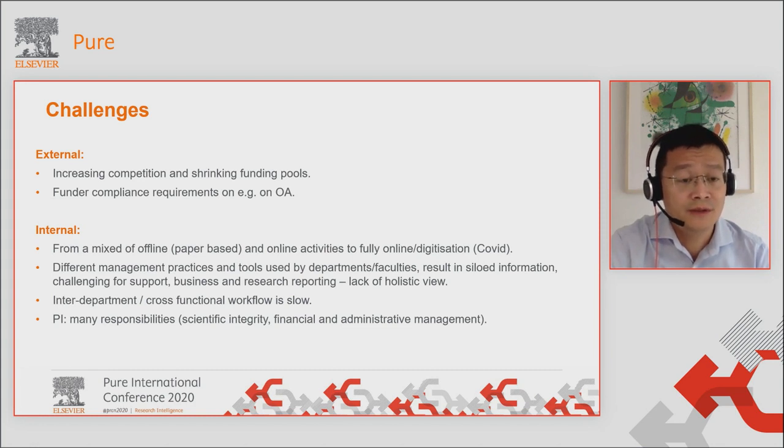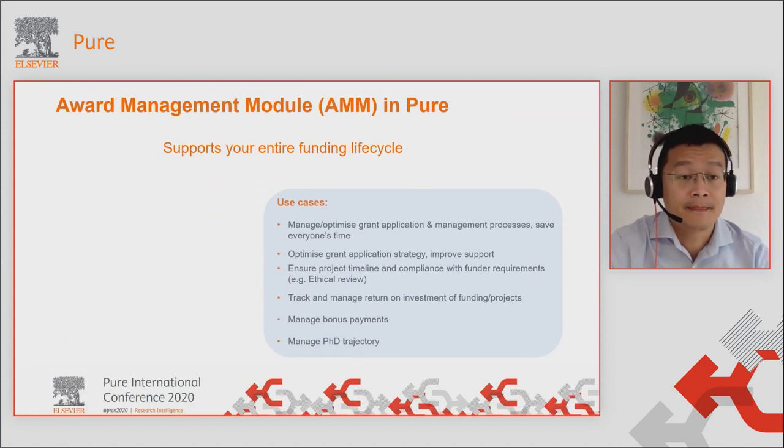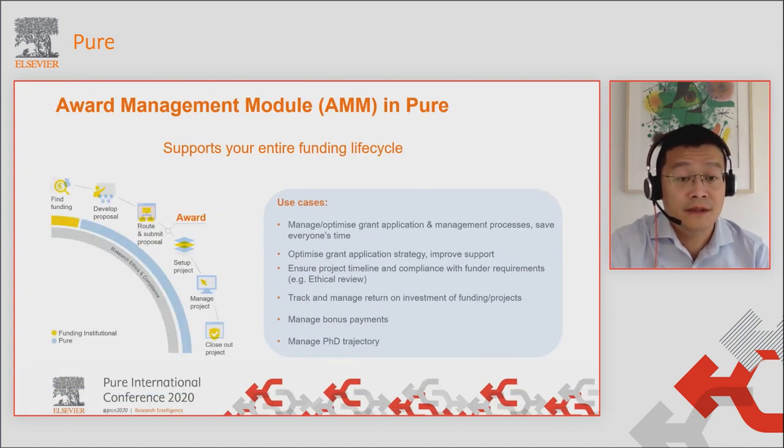There are many tools that can help. Some are generic, some are very specific, and Pure belongs to the generic ones. With award management, the activities in your entire funding life cycle can be supported.